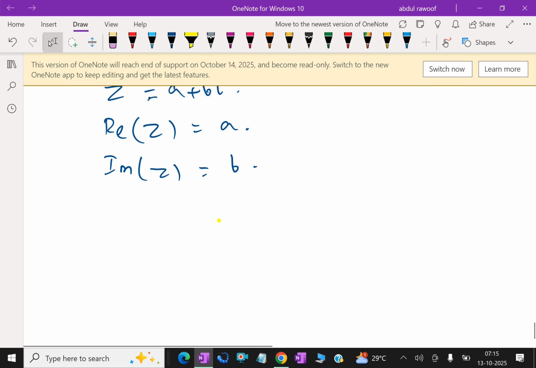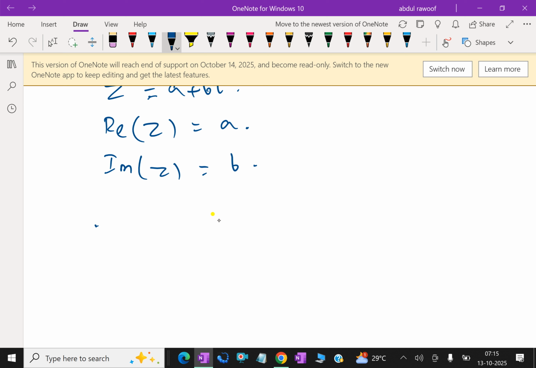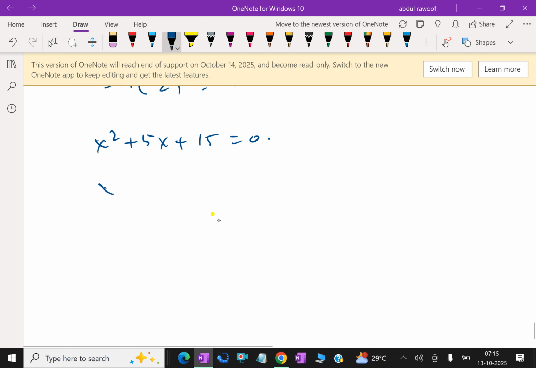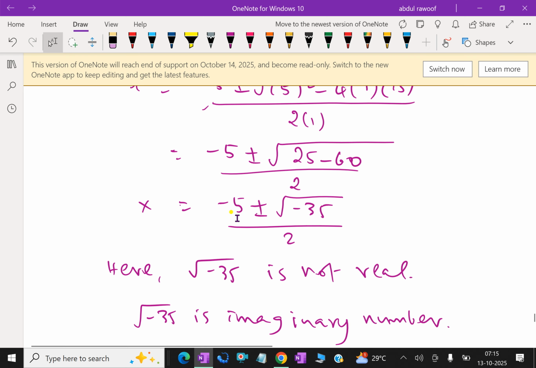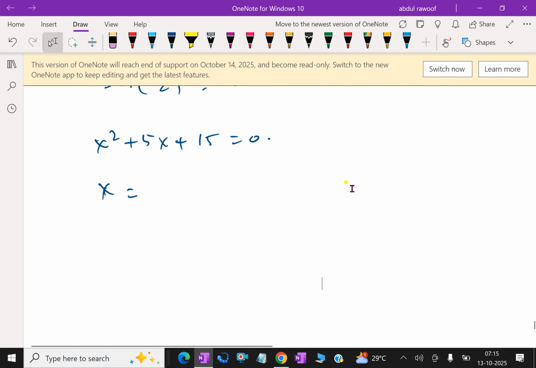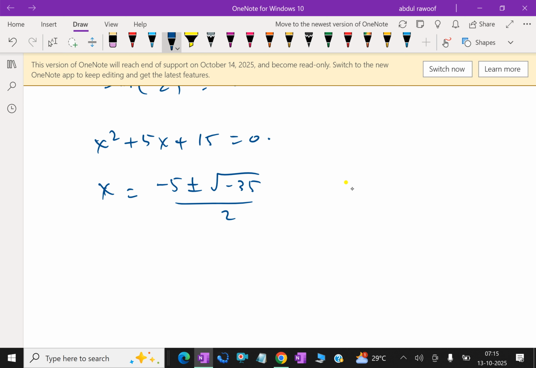Now, we already discussed that quadratic equation. Consider x square plus 5x plus 15 equal to 0. The solution x we got is minus 5 plus or minus root of minus 35 over 2.